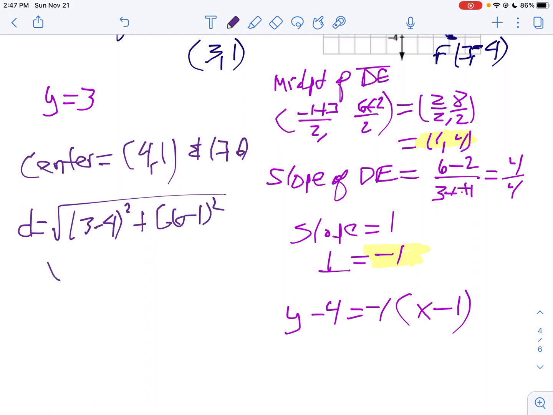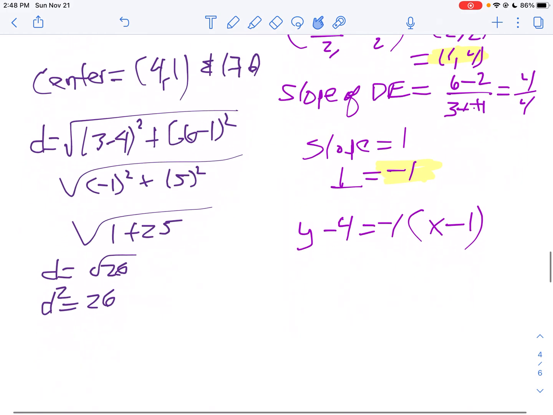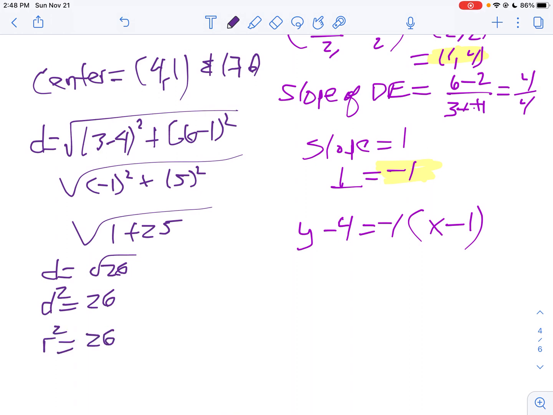Well, 3 minus 4, the quantity squared is 1, and 6 minus 1, the quantity squared is 25. So then I get 1 plus 25. So the distance is the square root of 26. So r squared is 26.